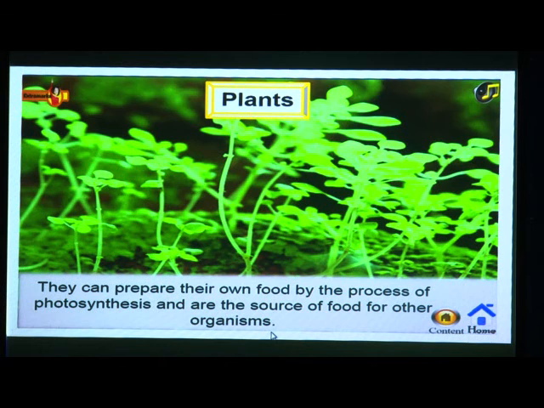Plants can prepare their own food in the presence of air, water, sunlight, carbon dioxide, and they also require chlorophyll, which is the green color pigment present in the leaves. So in this way plants can prepare their own food and the process is known as photosynthesis.